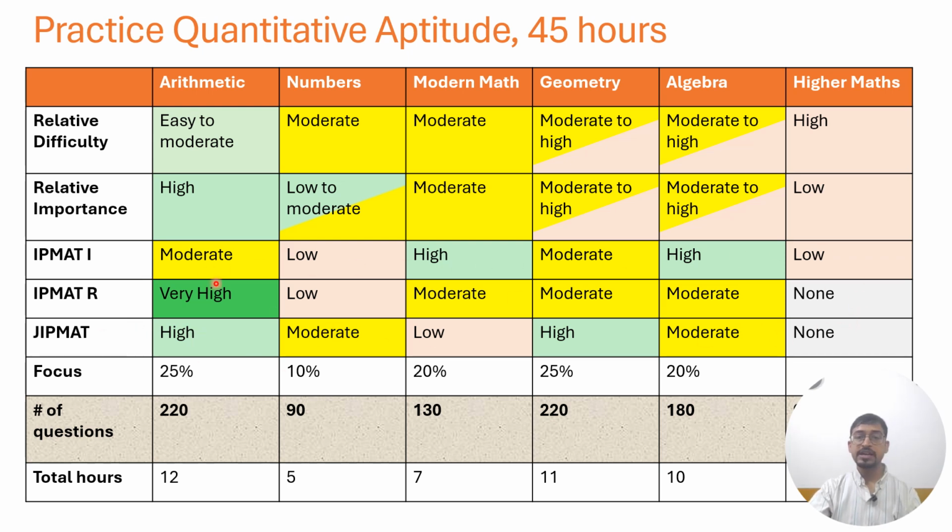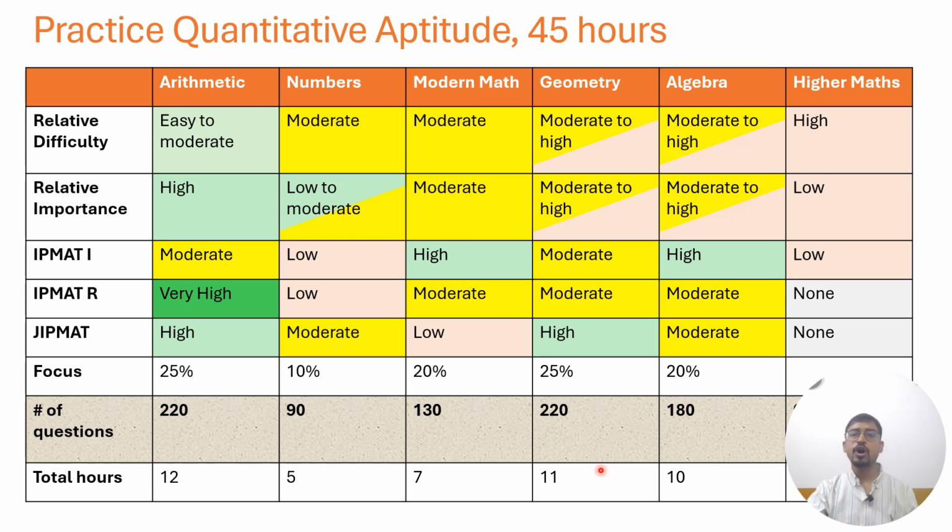Overall, your focus should be 25% on arithmetic, 10% on numbers, 20% on modern maths, 25% on geometry, and lastly 20% on algebra. Overall, this strategy should give you enough leeway into what's important for you.